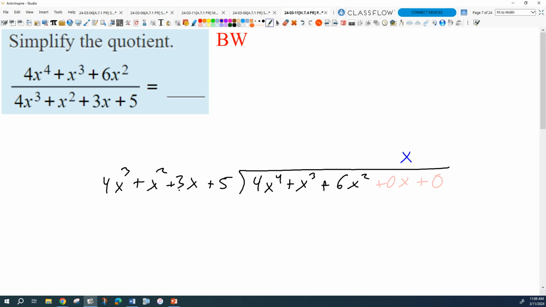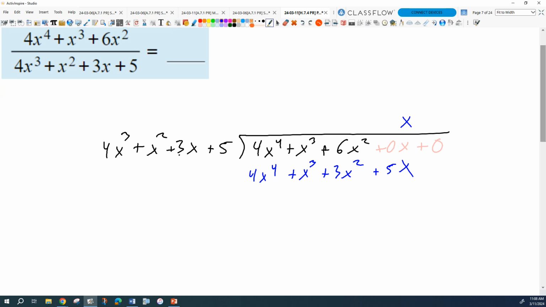So I'll put it over in the x column. Distribute, and I get 4x to the fourth plus x cubed plus 3x squared plus 5x. What do I do? Subtract.